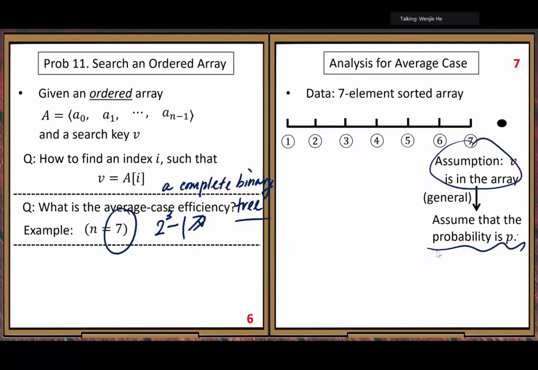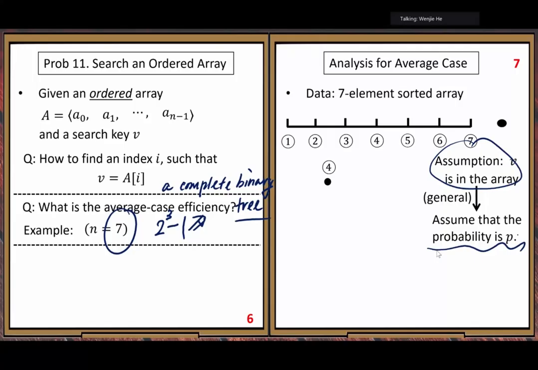We know how to handle it. In our module 1, when we do the linear search, we use the probability P way. So here I do not repeat it. All right. Now the first comparison, compare V with node 4.